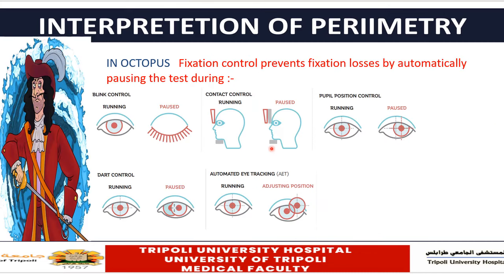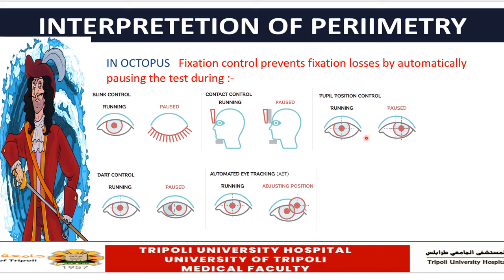In Octopus perimetry, there is an intelligent tracking system that pauses the system when there is poor fixation. For any reason, if the patient blinks or drops the lid like this, the system will stop projecting light stimuli, so the patient will not miss any stimulus. Also, if the head of the patient is retracted back from contact with the machine, it will be stopped.